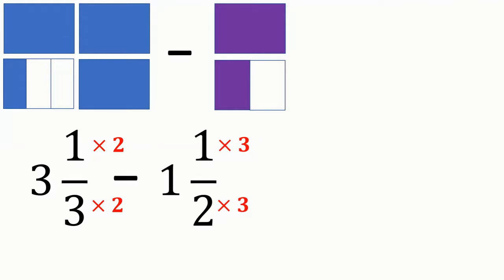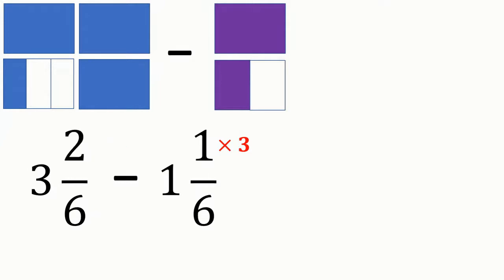So 3 times 2 or 2 times 3, that's 6. 1 times 2, it's 2. 1 times 3, it's 3. Then for the figures, since 1/3 is multiplied by 2, then each part is divided by 2.